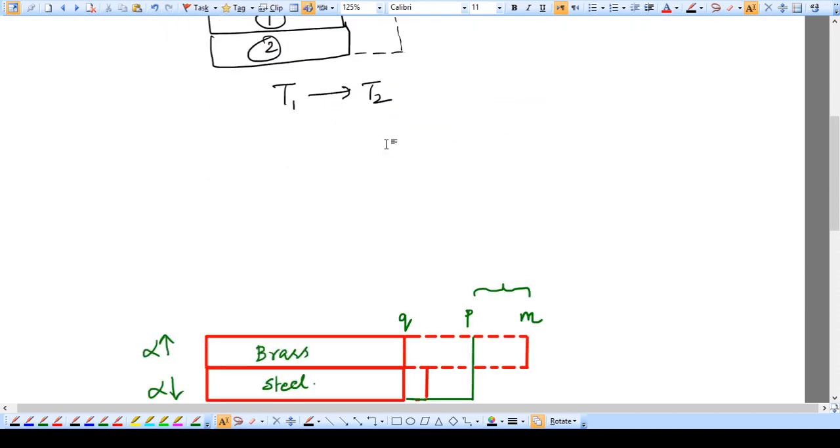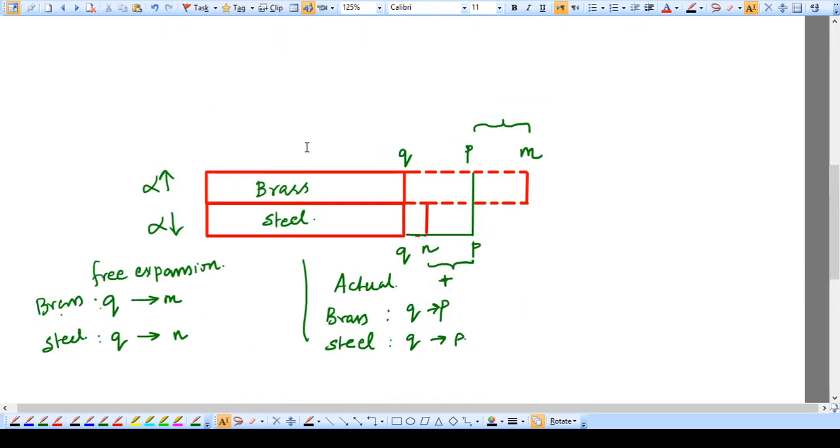So we shall see a structural member. This is a composite bar made up of brass and steel. Brass has a higher coefficient of thermal expansion and steel has a lower coefficient of thermal expansion.